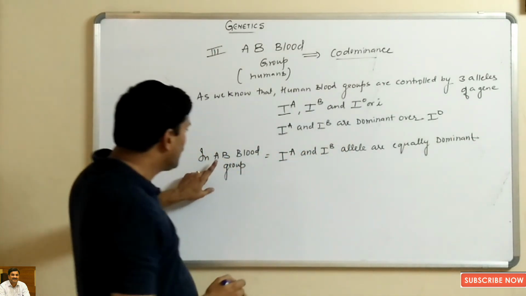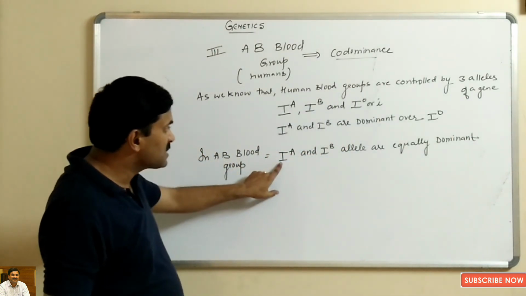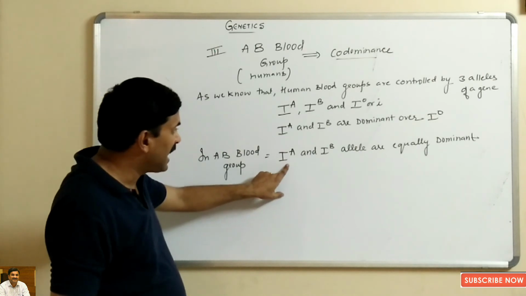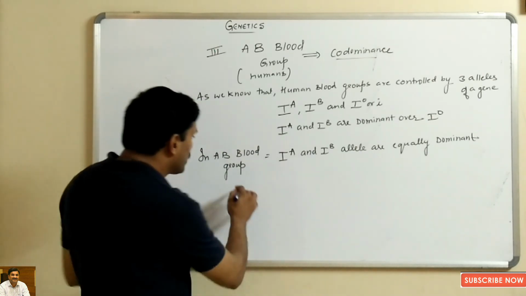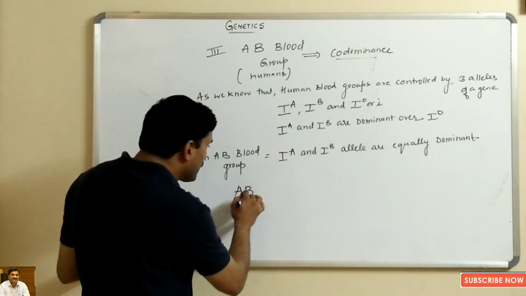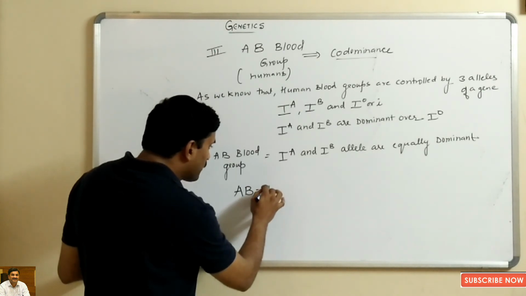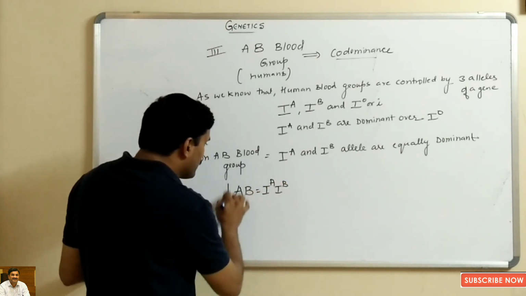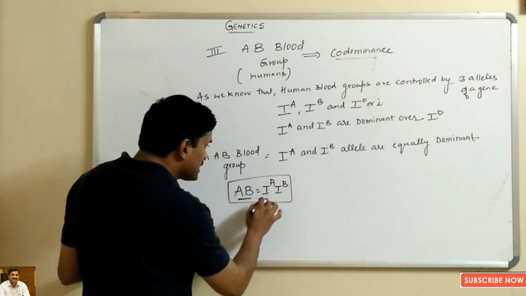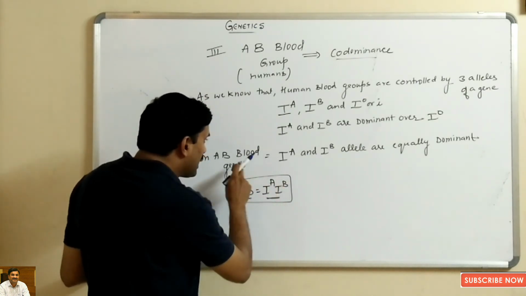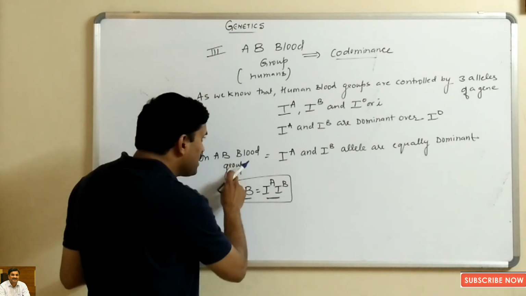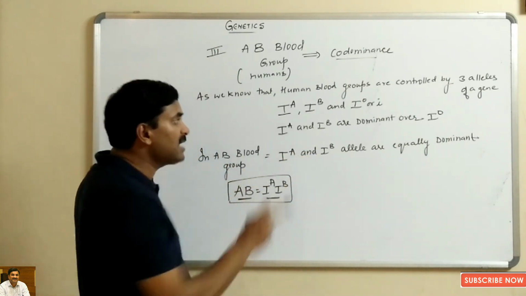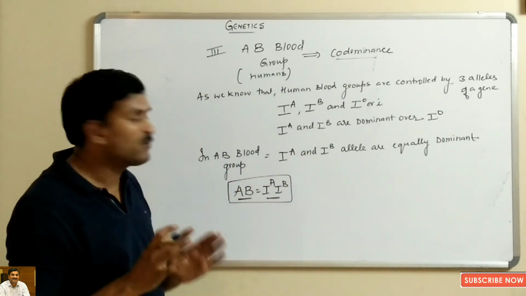What I want to say is, in AB blood group, both alleles are present, IA and IB. What is the genotype of AB blood group? We always write IAIB. This is the blood group and this is the genotype. So in a person having AB blood group, IA and IB alleles are equally dominant.